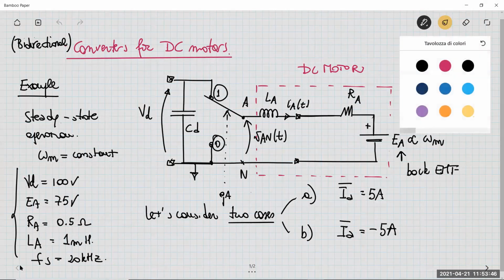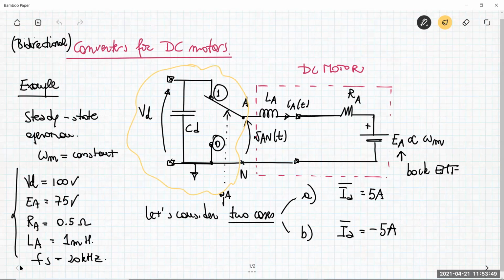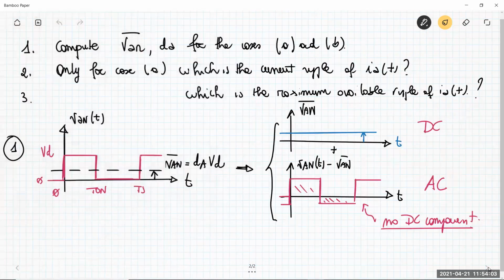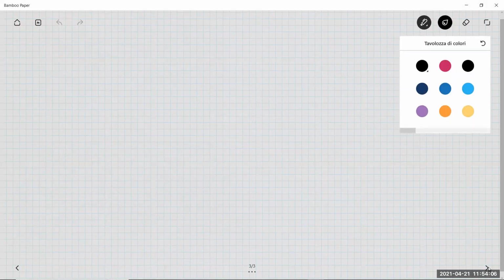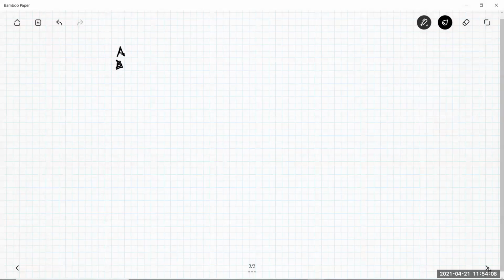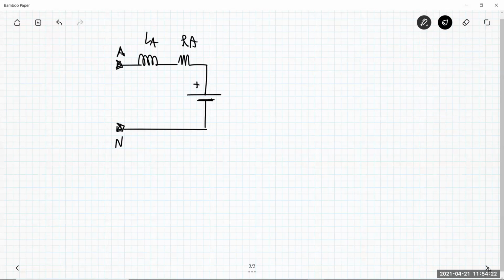So in this sense, I can replace all this part here, which is basically the switching power pole with the bipositional switch, by using the equivalence principle. We have the node A, the node N, then we have LA, RA, and the back EMF that represents the DC motor model here.